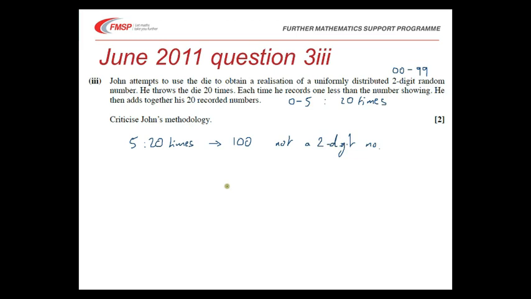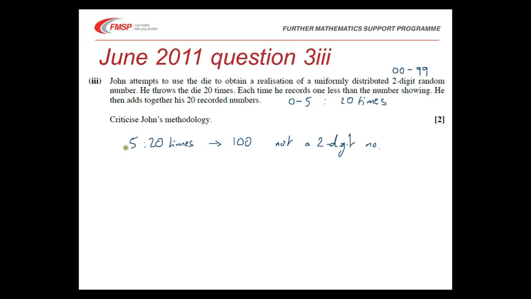The other problem is that it's uniformly distributed. We want each of these to be equally likely. Well, to score 0, I'd have to roll 0 each of the 20 times. To score 1, I'd have to roll 0 19 of the times and 1 one of the times. It could be any of those times. So you can see from that it's going to be incredibly unlikely to score somewhere around the edge here, say 0 to 1, than it is to score a series of numbers that adds up to 50 or 49.